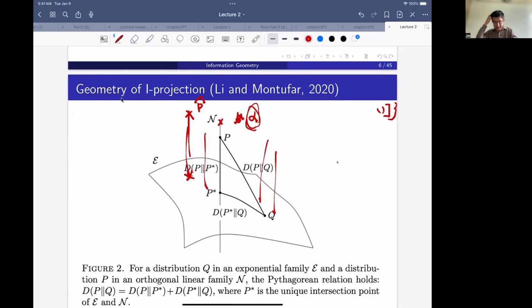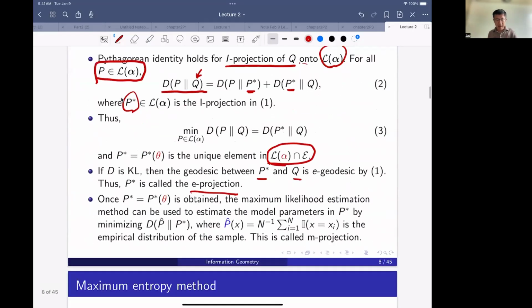So that is actually the M projection. That coincides with the maximum likelihood estimation for exponential family, and so it makes sense to call it M projection, because it is essentially maximum likelihood estimation.